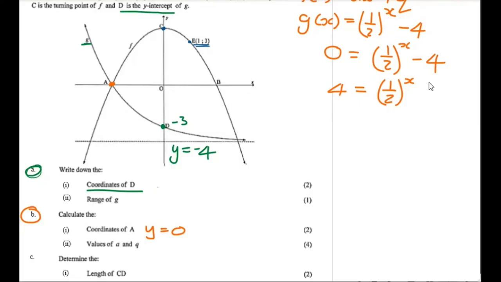And now for me to solve exponential equations, I need my bases to be the same. So the next thing is I need both of these to be written as the same number to the power of something. So what base can I use for both of these numbers on the left and the right? Brilliant, Emma.